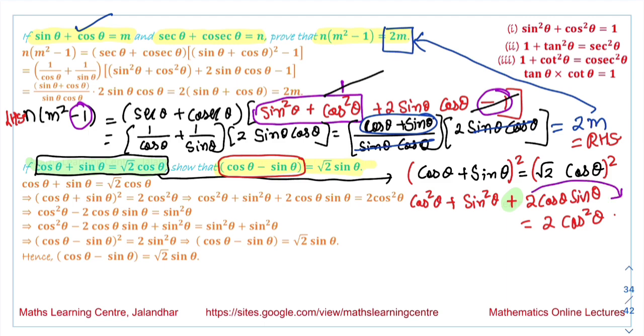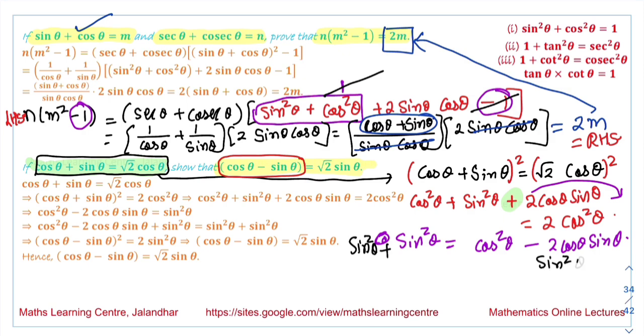So what we get is sine square theta is equal to cos square theta minus 2 cos theta sine theta. To make it a whole square, we are adding sine square theta on both sides of this equation.